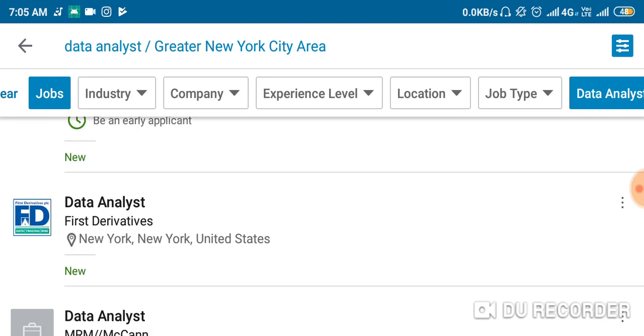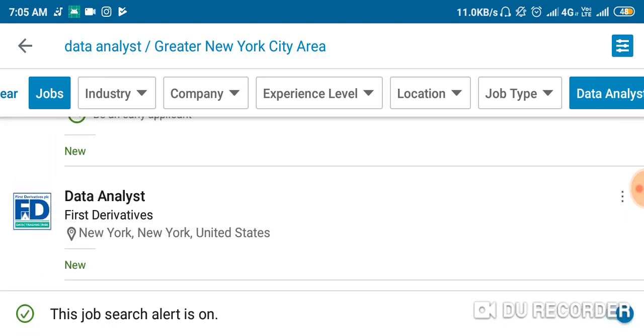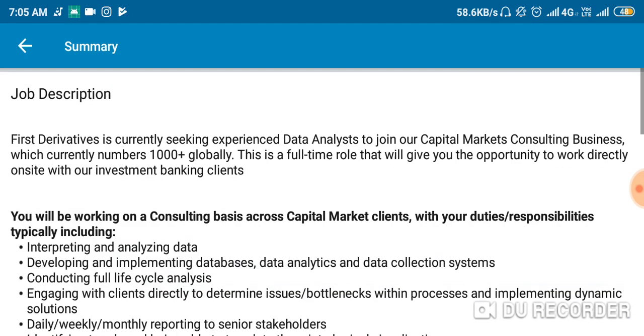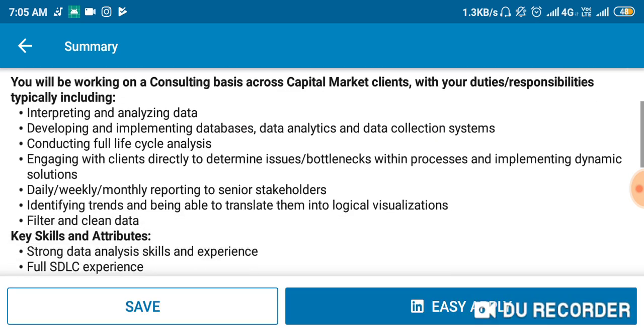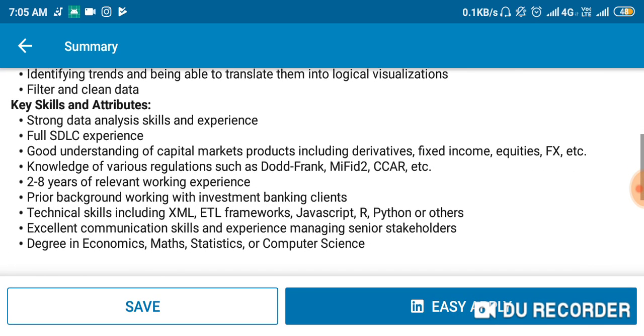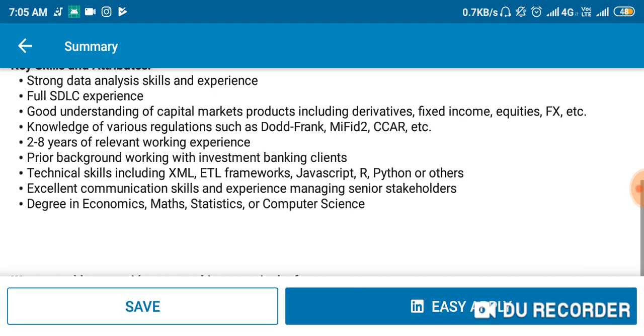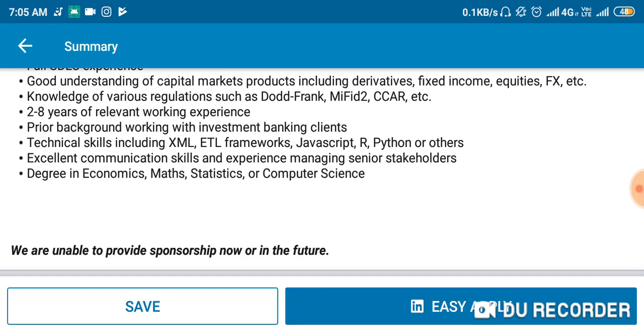Now just move on. This is data analyst for first derivatives. So what about this? Yeah, key skills and attributes. This is saying strong data analysis skills and experience, full SDLC experience, good understanding of capital market products including derivatives, fixed income, equities, FX, 2 to 8 years of relevant working experience, prior background with investment banking clients, technical skills including XML, ETL frameworks, JavaScript, R, Python, or others, degree in economics.